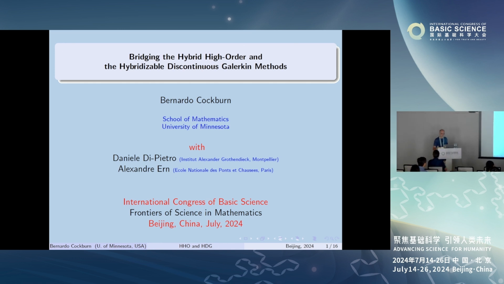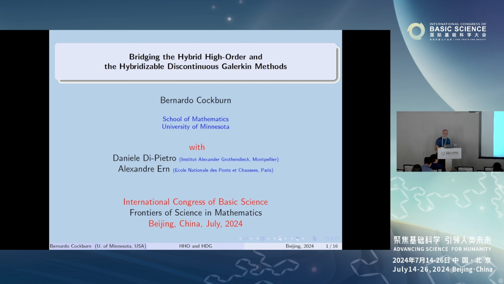Thank you very much. What I would like to do today is to tell you something about an unexpected collaboration I had with Daniele Di Pietro, who is at the Alexander Grothendieck Institute in Montpellier, and with Alexandre Ern, who is at the École Nationale des Ponts et Chaussées in Paris.